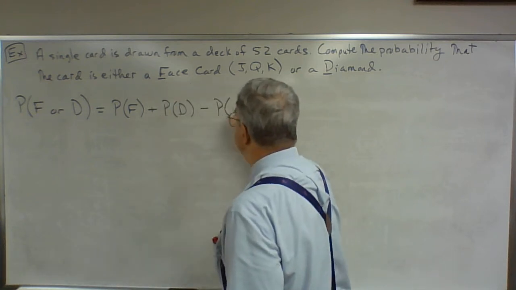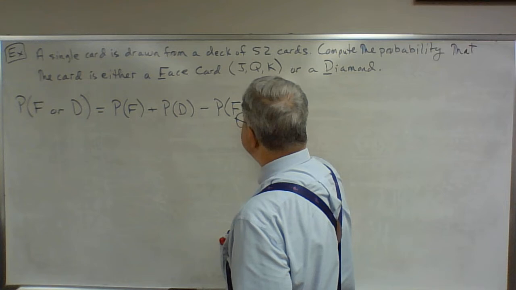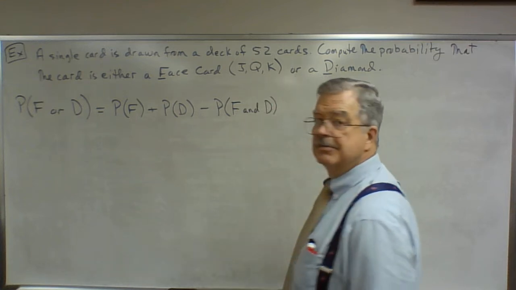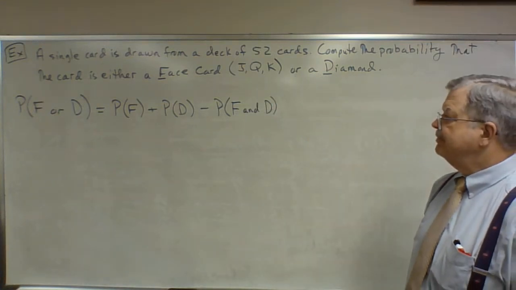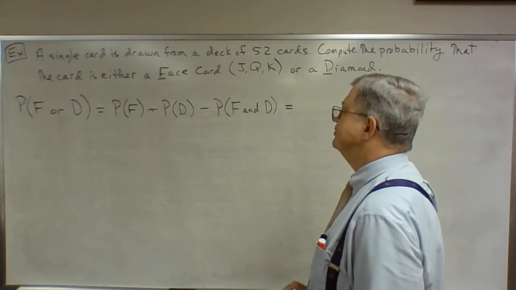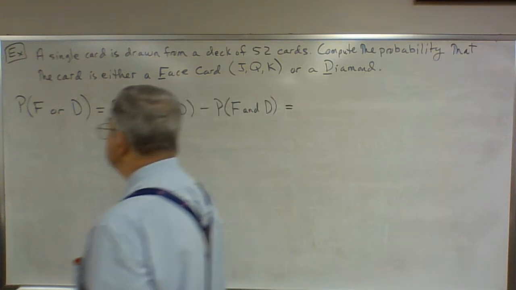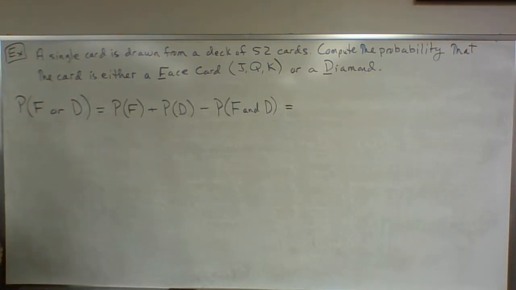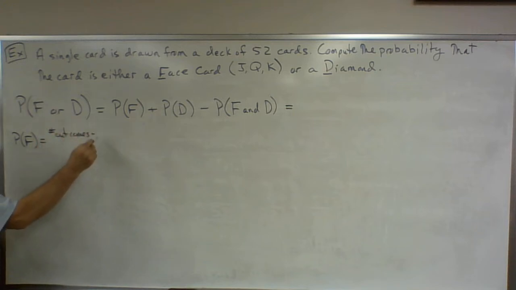Probability of getting a face card and a diamond. Probability of getting a face card. This is going to be number of outcomes resulting in a face card over total number of outcomes.